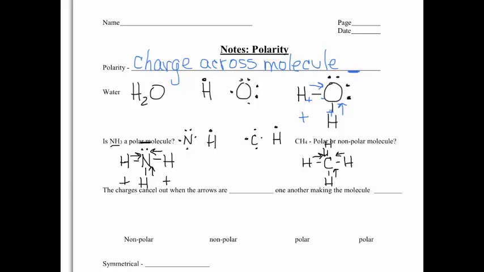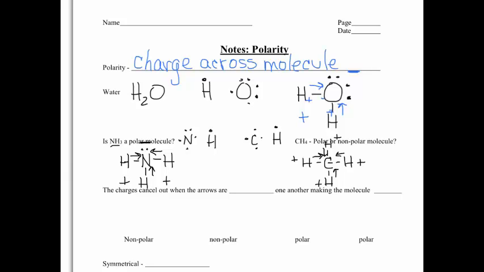But what's going to happen this time is it's carbon that will be slightly negative as a result, and on the outside of this molecule, everywhere you look, it's positive. So there's no second pole to this molecule. It's only positive on the outside.